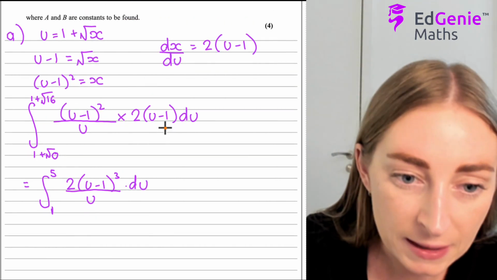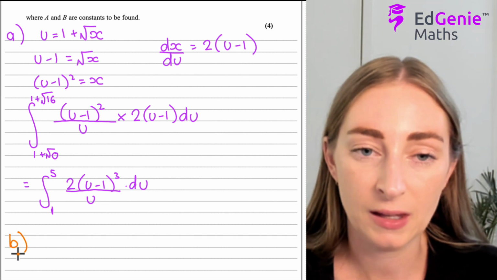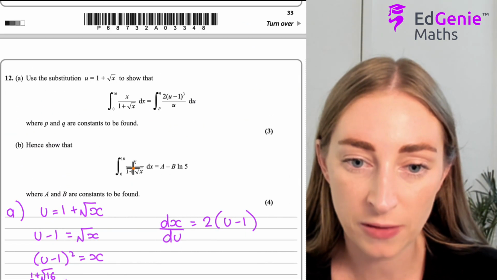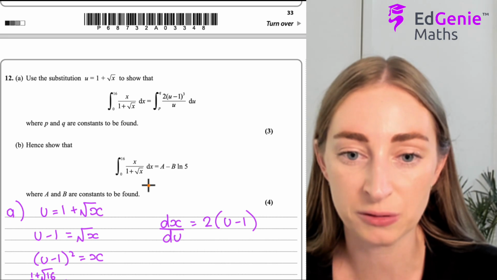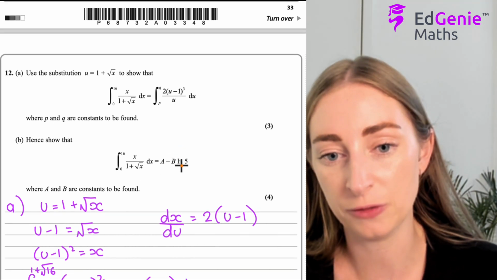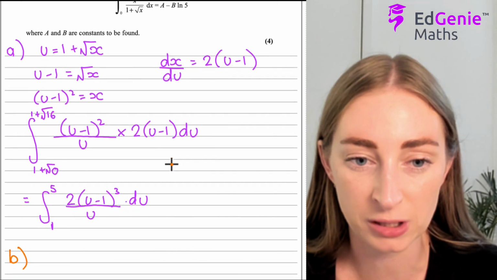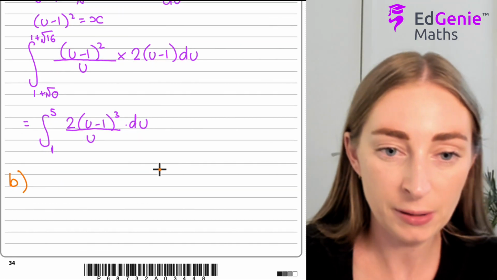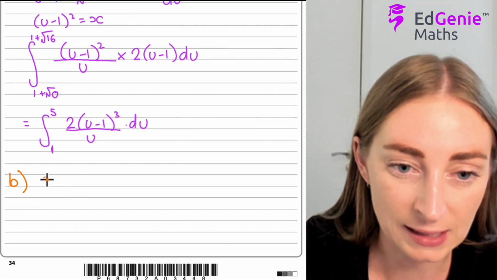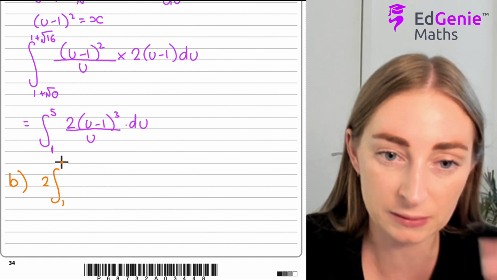Okay, part B is hence show that. So we're basically working out our integral and we want it in exact form. So we're not going to just be able to put the whole thing into our calculator at the end, unfortunately. So the easiest way to do this is actually just going to be to multiply it out.